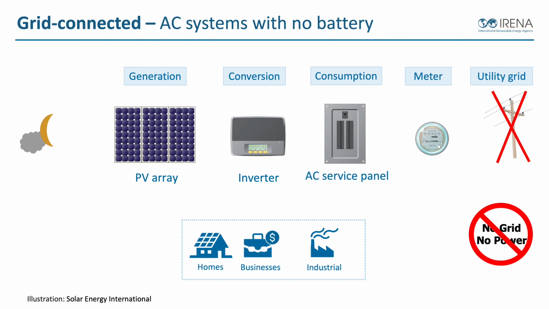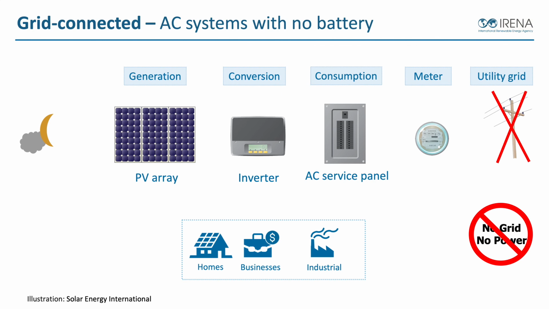But the downfall to a system like this that we must understand, and our clients or customers or homeowners or businesses must understand, is that because this system is utility dependent, if the utility grid fails, our system doesn't produce any power, because it has a safety protection where it's designed to never export electricity into a dead utility grid.